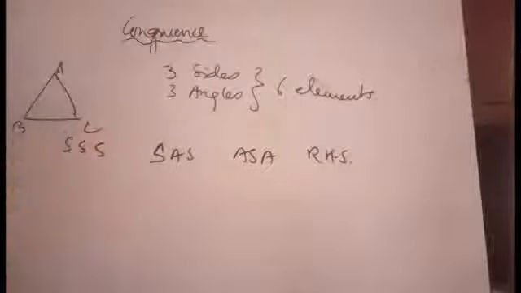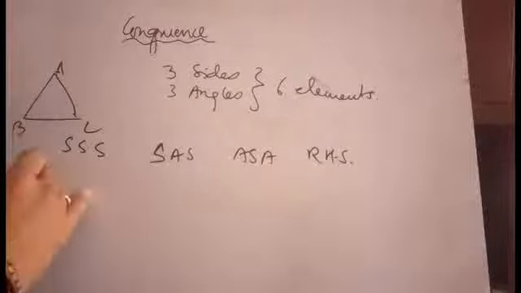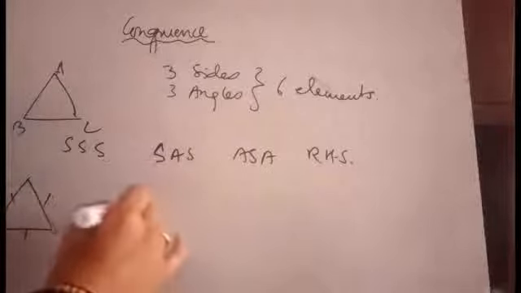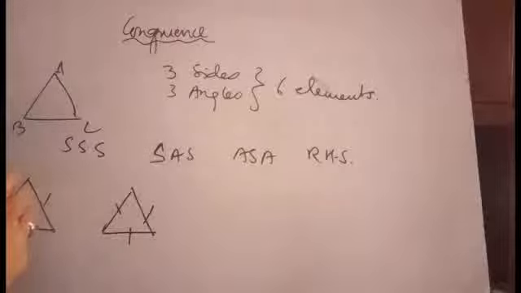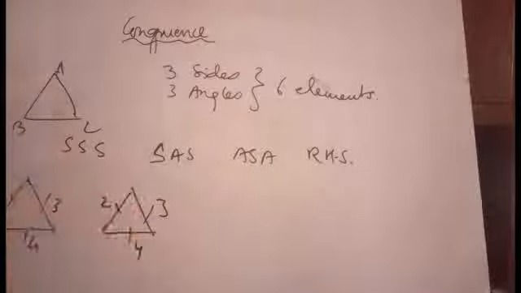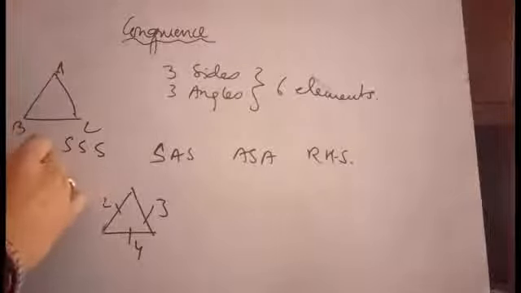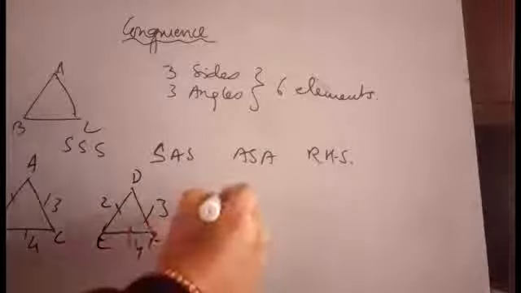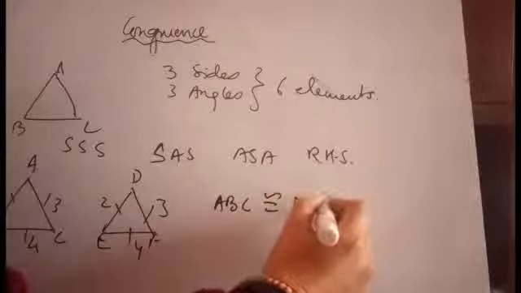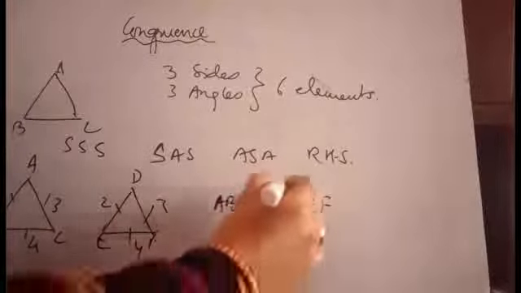Now SSS, what does this mean? The 3 sides. If you have a triangle, the 3 sides of which are equal to the 3 sides of another, suppose this is 2, 3 and 4, this is also 2, 3 and 4, they are going to overlap and we say that the triangles are congruent to each other. This is A, B, C, D, E and F. We write ABC is congruent to DEF. This is the sign of congruency.